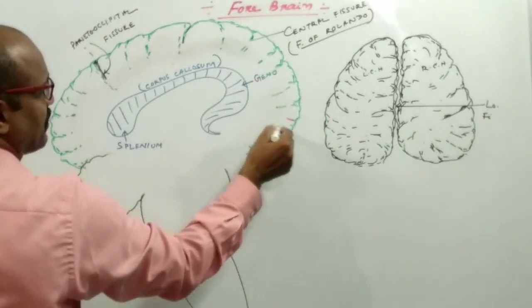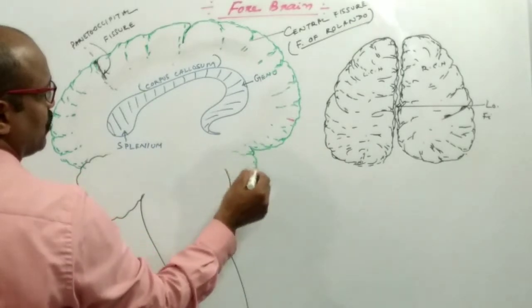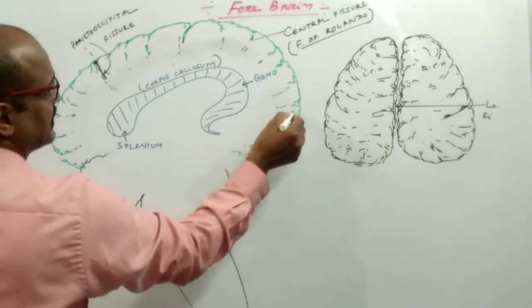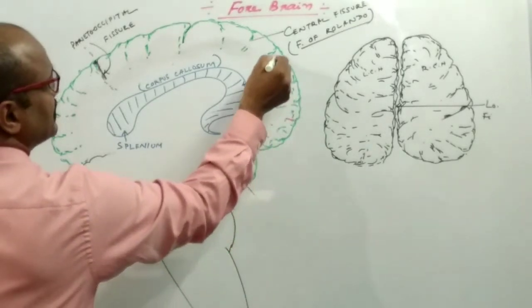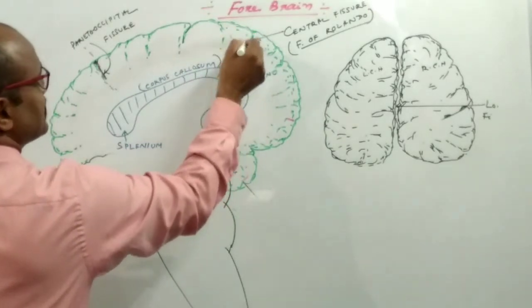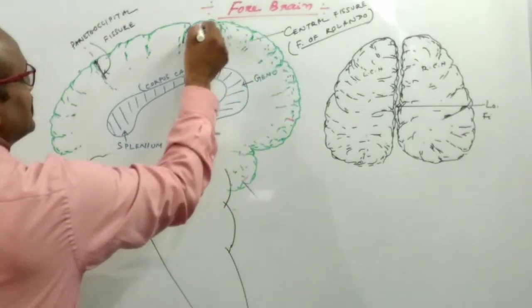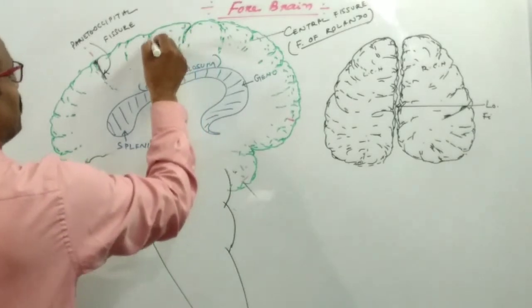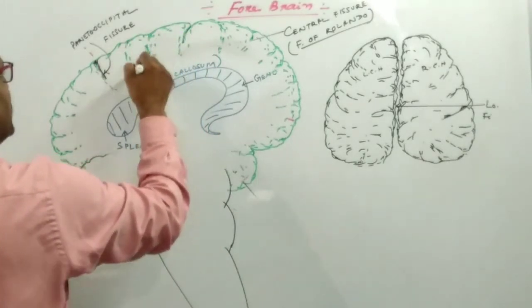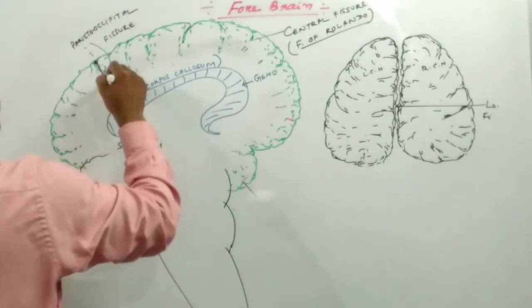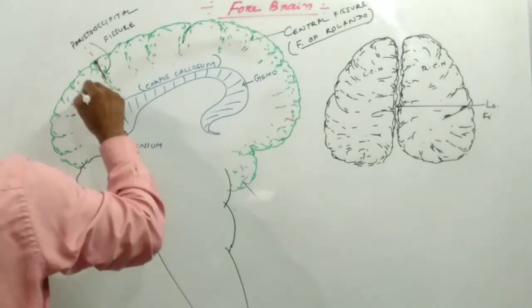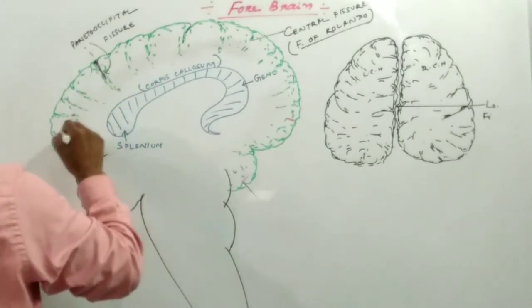So this is the cerebrum, and the outer portion has the gray matter. Gray matter means this region is made up of unmyelinated neurons. There is no myelinated neuron. So this is the gray matter.